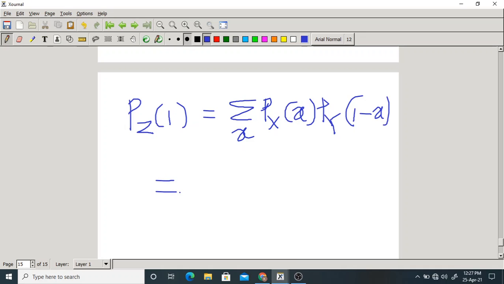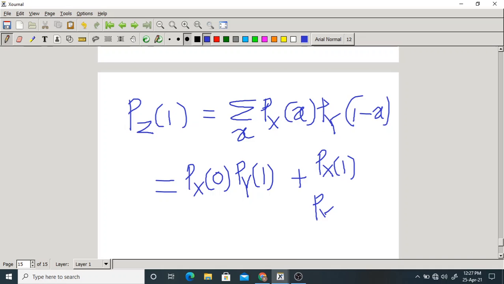Take different values of x. If x is 0, P_X(0) into P_Y(1). If x is 1, P_X(1) into P_Y(0).